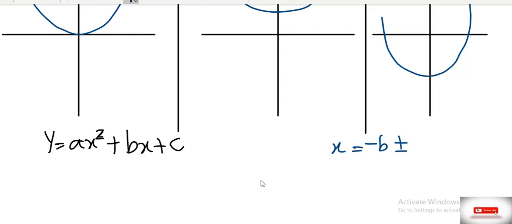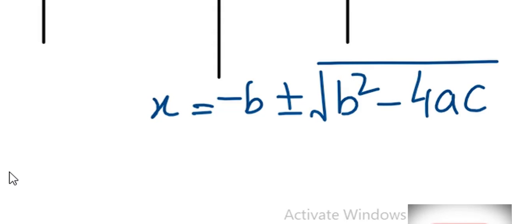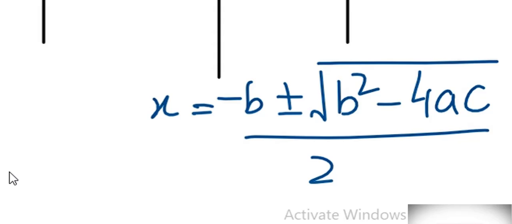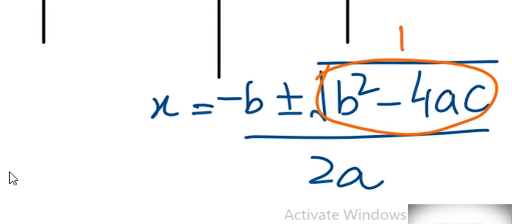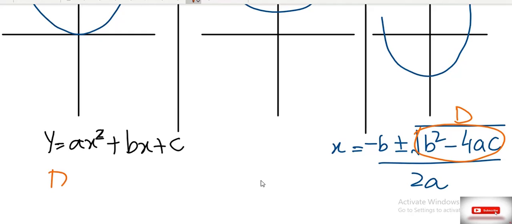Yes, you are right: x = (-b plus or minus the square root of b squared minus 4ac) over 2a. To find the number of roots, we just need the value below the radical sign, b squared minus 4ac, which we call the discriminant.